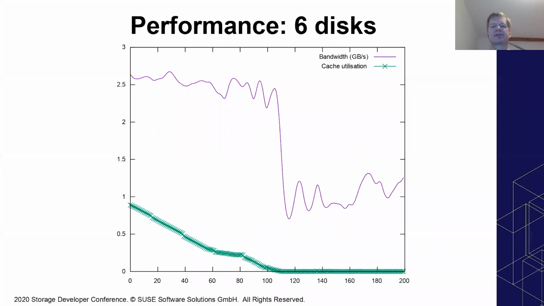When using 6 disks, the pattern is slightly different in the sense that the performance is exhibiting a higher fluctuation. You do see quite some fluctuation both at the cache layer, in the caching behavior, but also in the disk behavior.